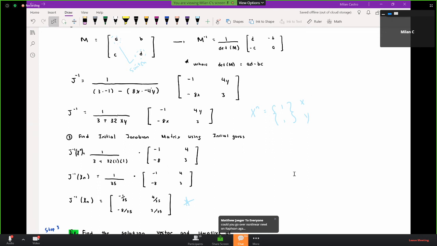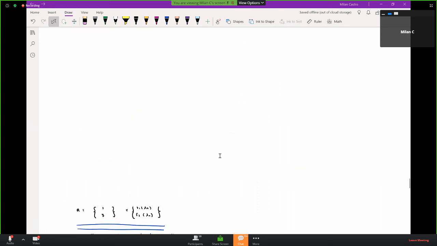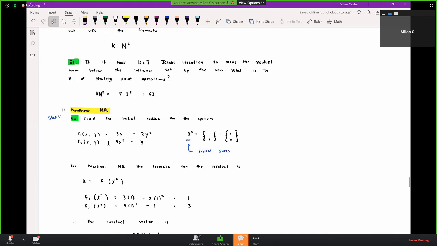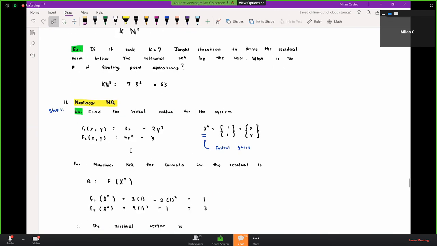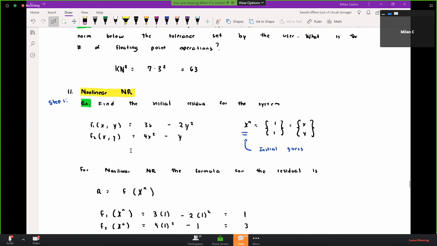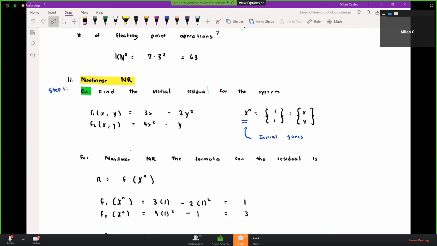All right. So the first thing you want to do when you're starting off your nonlinear Newton-Raphson is I like to start off with the simplest step first, which is finding our initial residual. So our initial residual is going to be equal to the term f(x_n).